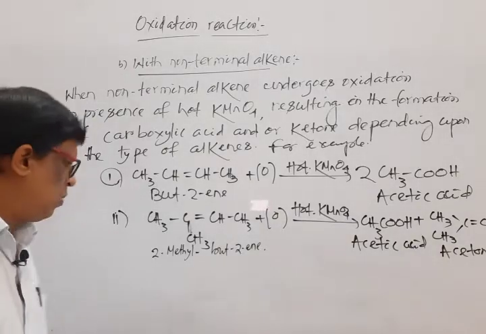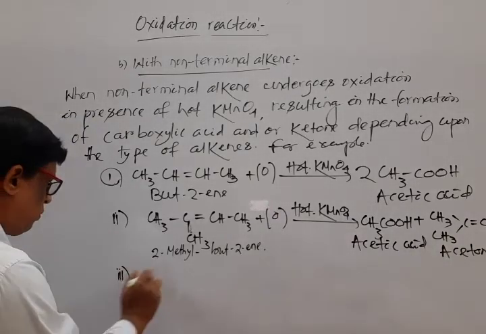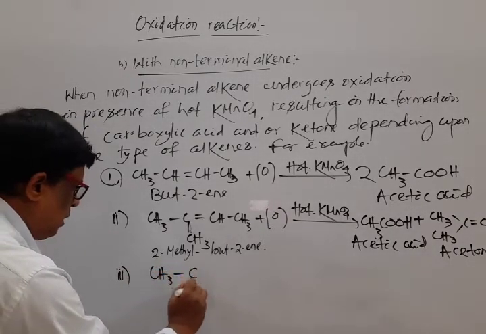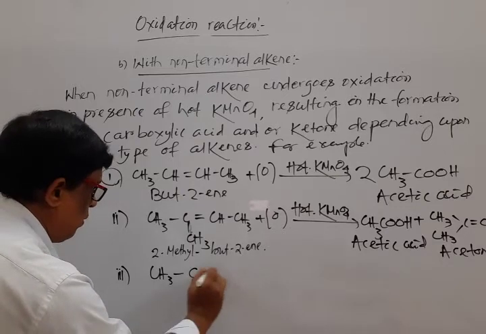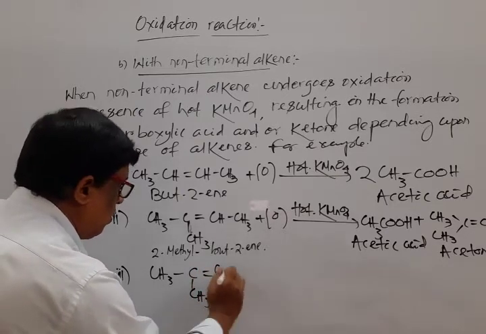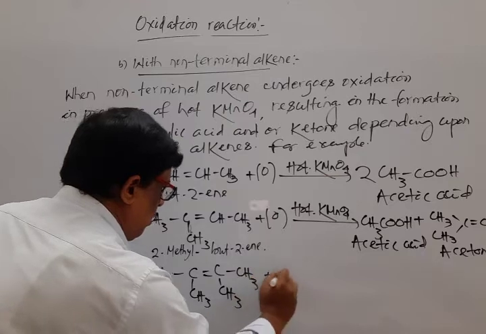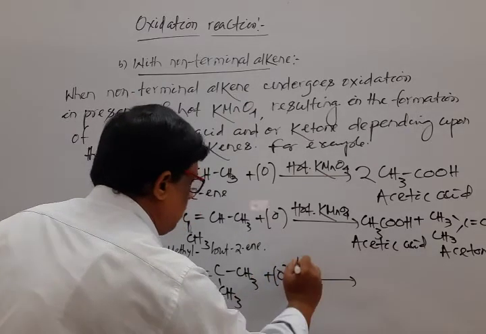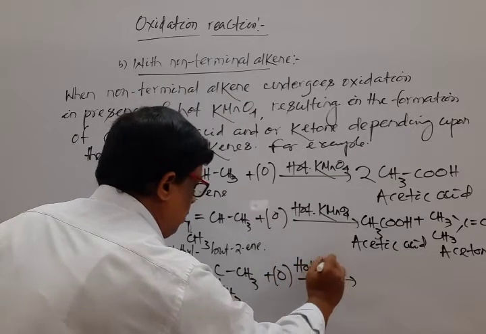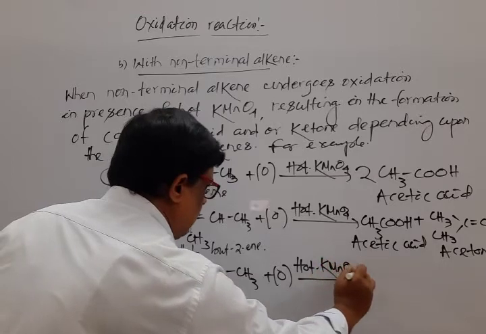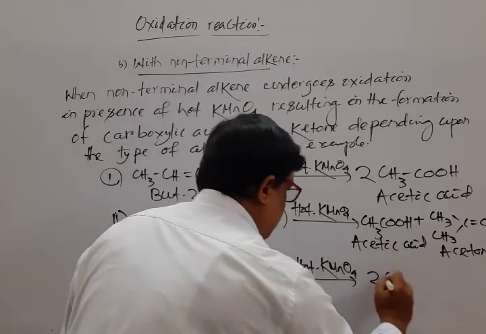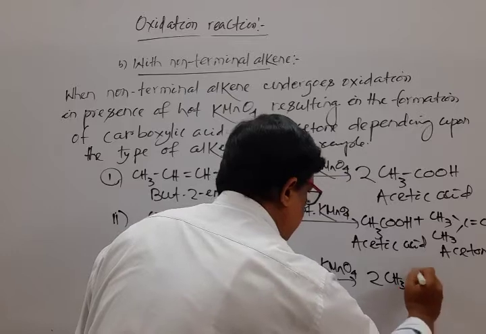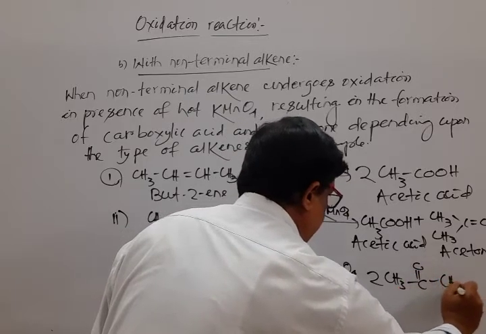Okay, move to another example. If a double branching is there, when it undergoes oxidation with hot potassium permanganate, what happened? 2 molecules of ketone are formed.